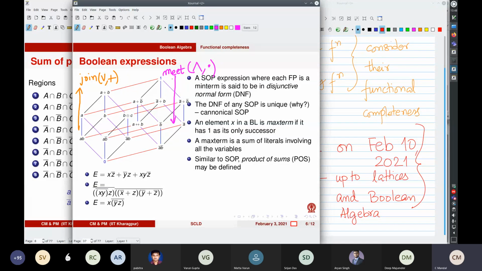That means each element of the Boolean lattice you should be able to represent as the irredundant, irreducible product of the max terms. So that is called the principle of duality.